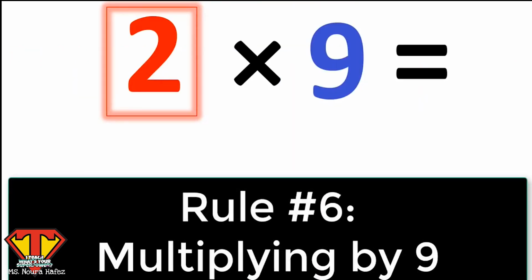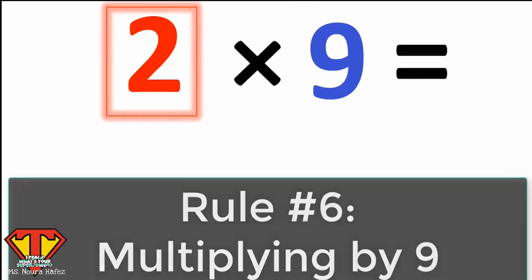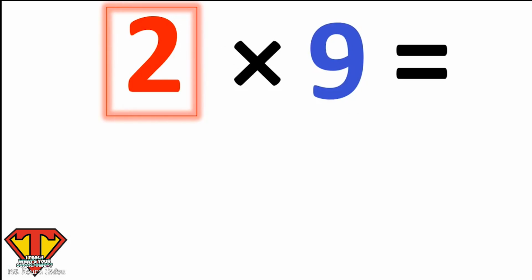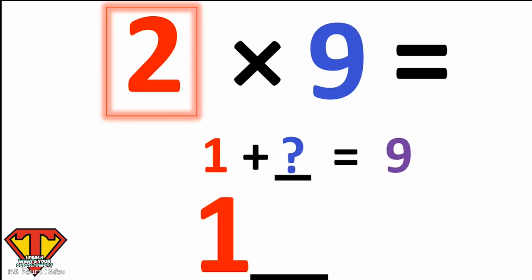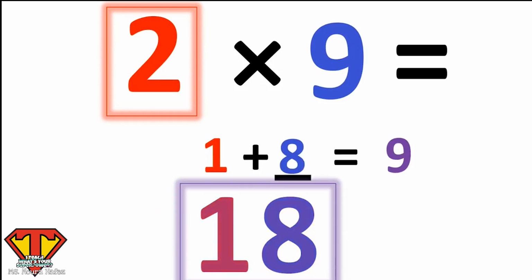So now for our last rule, which is the rule of 9. When you multiply a number times 9, such as 2, you take that first number 2 and you take 1 less. So 1 less than 2 is 1, then you say 1 plus what number equals 9? Well, 1 plus 8 equals 9, so 8 becomes your second number. So the answer is 18.